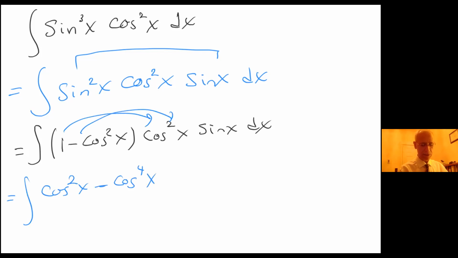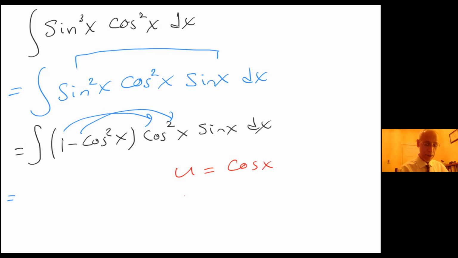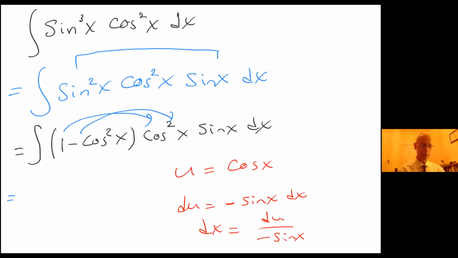Before expanding, let me just make my u, that way I don't have to have such high powers. Let u equal cosine of x. Du equals minus sine of x dx, and dx equals du over minus sine of x.